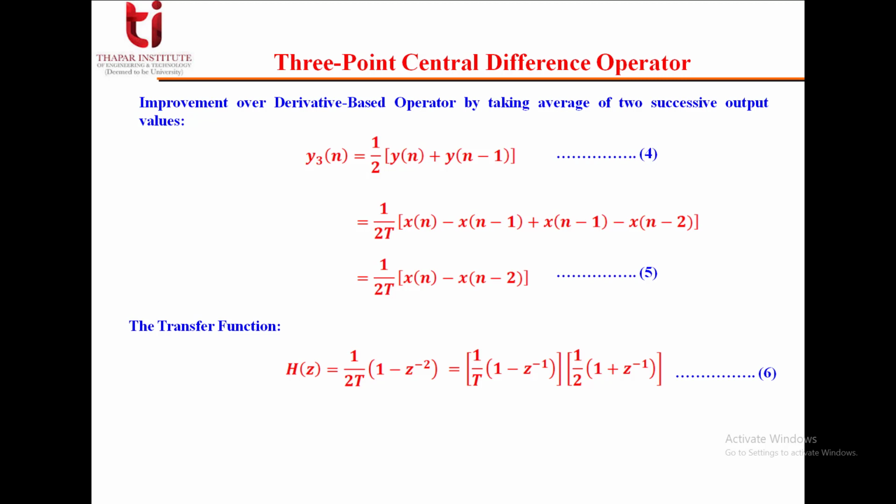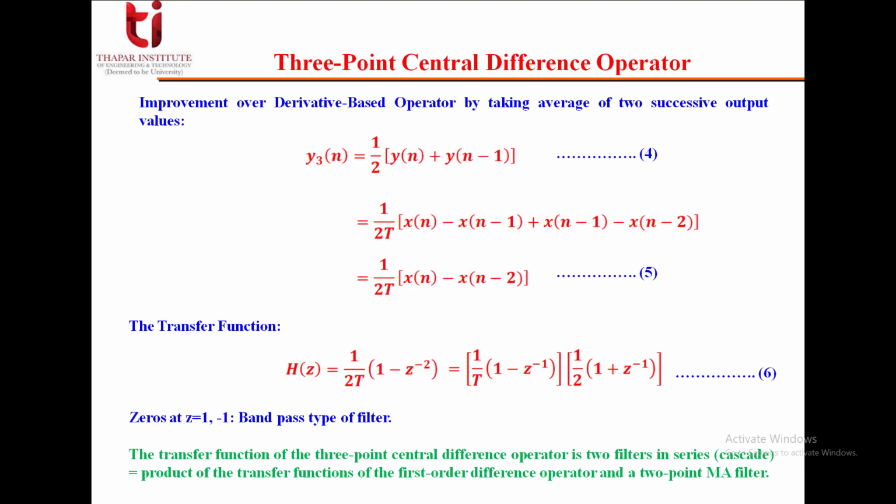One is a derivative based approach and the other is a 2-point moving average filter with the tap weights being 1 by 2. So this can be a band pass type of filter with zeros at z equal to 1 and minus 1.